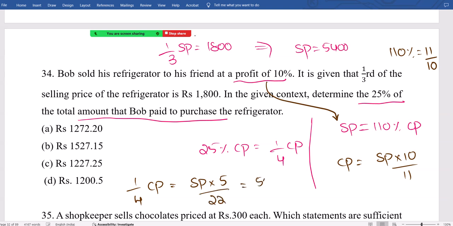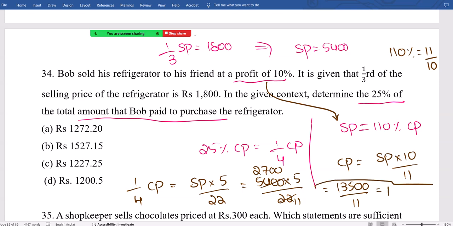SP is 5400 into 5 divided by 22, which is 2700 divided by 11. So altogether 13,500 divided by 11.